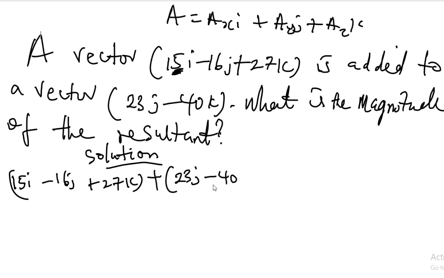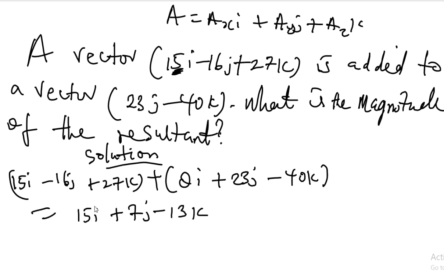We don't have a vector along the x, so we can write it as 0i plus 23j minus 40k. When we add, how did we do it? You add i to i, j to j, and k to k. So 15i plus 0i is 15i.